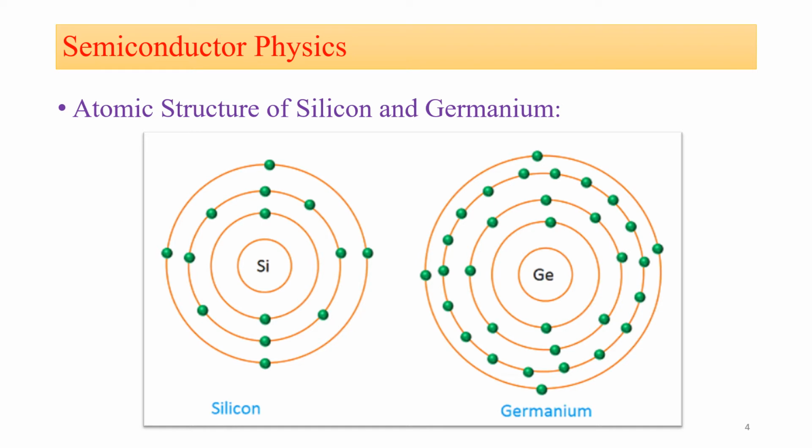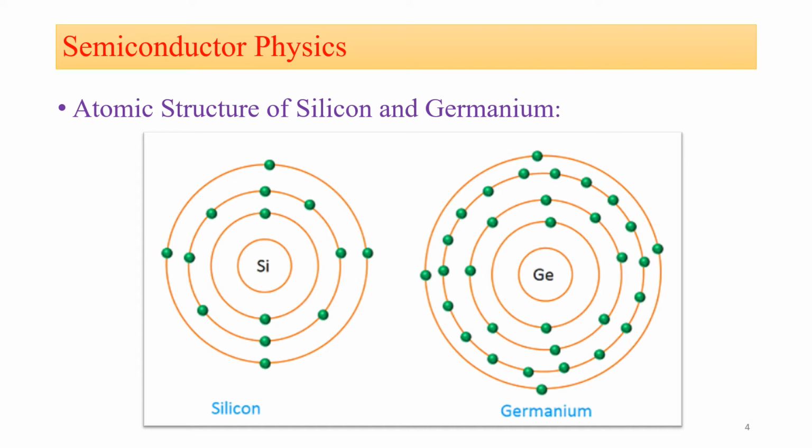Similarly, if you see the second orbit or second shell of the silicon atom, a total of 8 electrons are there, according to the same equation, 2n square, that is 2 into 2 square, 2 into 4, which equals 8 electrons. Now the total number of electrons in shell number 1 and shell number 2 is 8 plus 2, that is equal to 10.